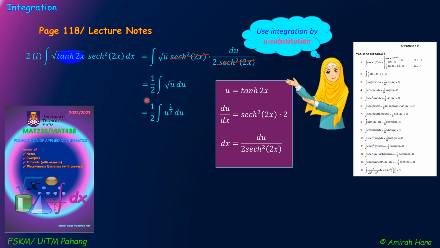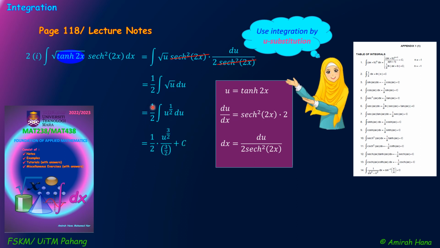And then to integrate square root of u du, first we need to write square root of u equals to u to the power of half. And then since dia punya power ni not equals to -1, so we can integrate using power rule. Power rule for integration tu means kita kena tambahkan satu kuasa, lepas tu perbalik. So we got this.